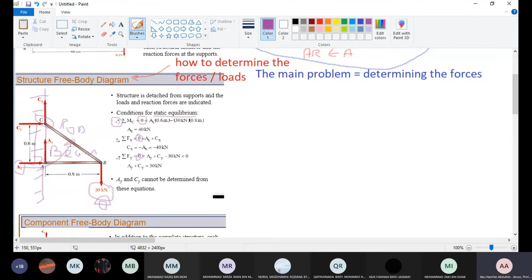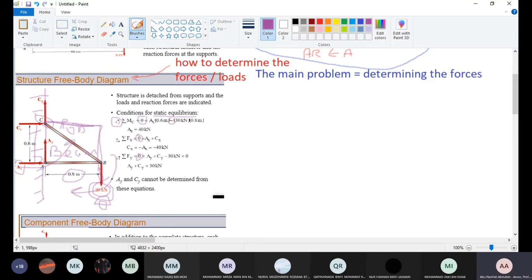So this is anti-clockwise. Another one is the 30 kilonewton force acting on C. So it's here. 30 kilonewton acting on C here. So 30 times 0.8. And this moment will be clockwise. So that's why you got minus here, negative. So 30 times 0.8, which is negative.